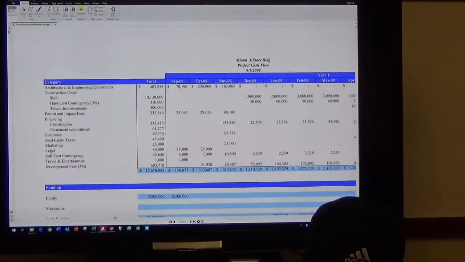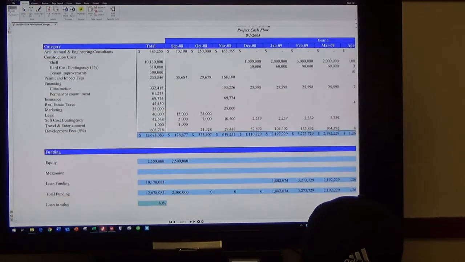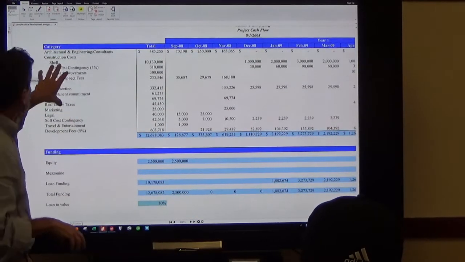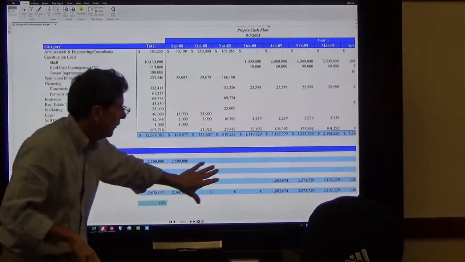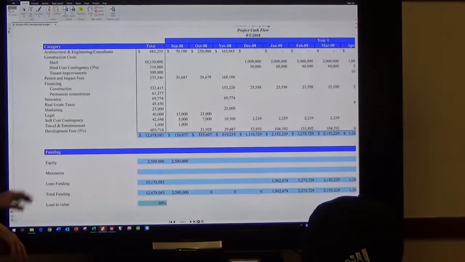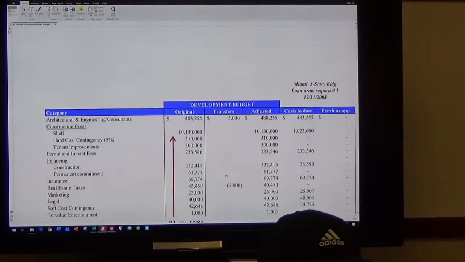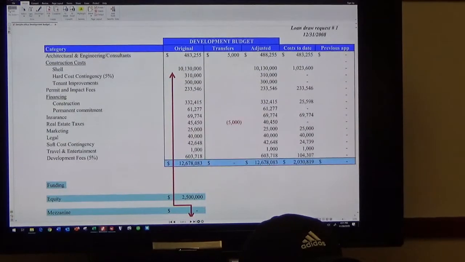And this very simply is a uses and sources statement, okay? So this was an approved budget. This is my request for funding, okay?